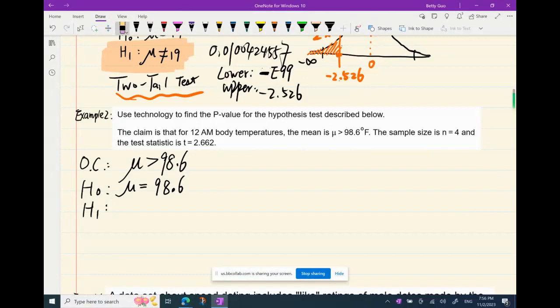Of course, in this case, the original claim is different from the null. So that means the original claim has to be the same as the alternative. That's how we know the alternative is mu bigger than 98.6. And since the alternative is bigger than, what type of tail is this? Please type what type of tail this is.